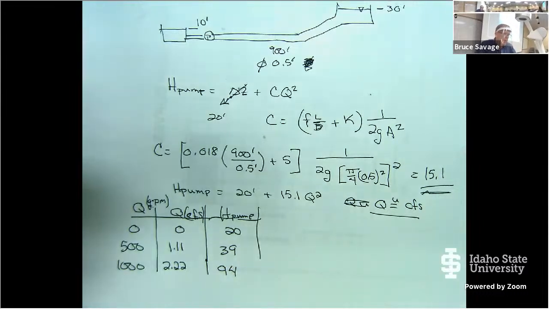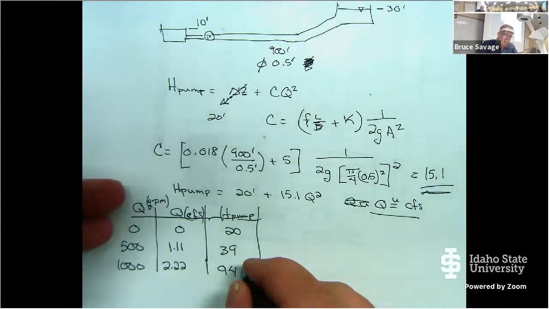Let me check that one again. Actually, 95, but I might have punched that in wrong. So 15.1, 0.22 squared, I'm going to add 20 to that. Yeah, let's call this 95.